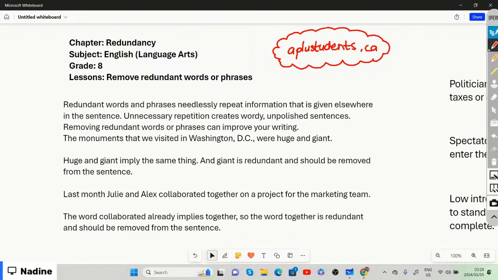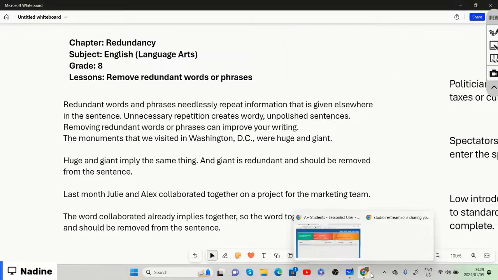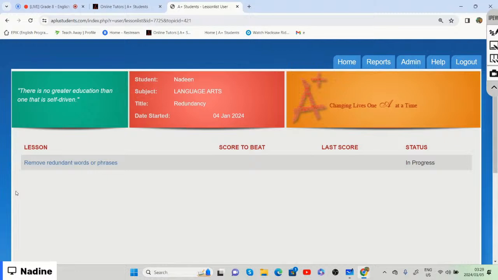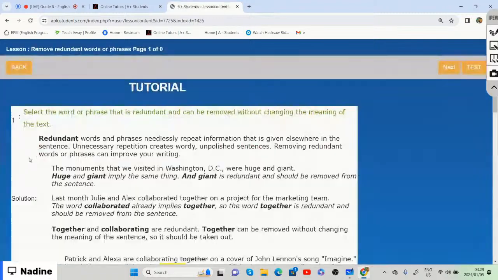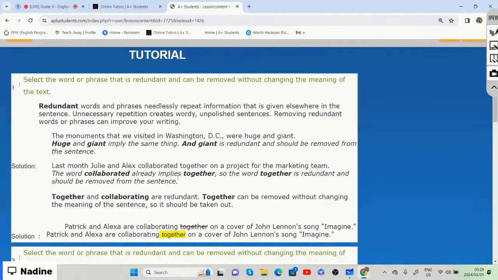So now we're just going to do a few activities and then a test. So let's go to aplusstudents.ca, and we're going to do the lesson on removing redundant words or phrases under the chapter of redundancy.